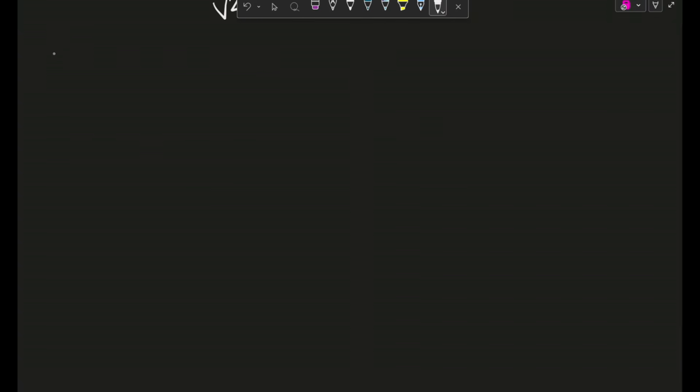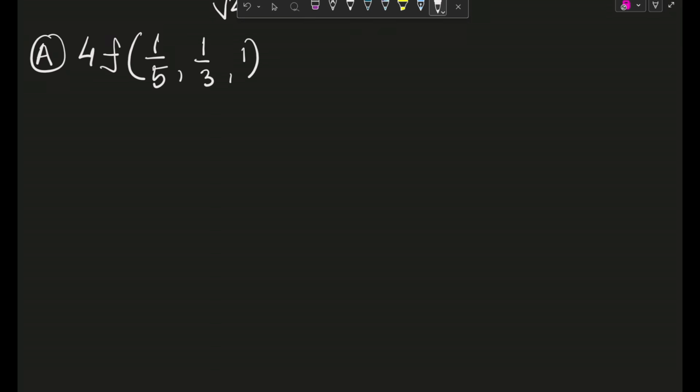Okay, so guys, our first option, option number A, has the following: 4 times f of 1 by 5, 1 by 3, and 1. So we will actually calculate d dash for each of the options and then check, because that's the only way possible.